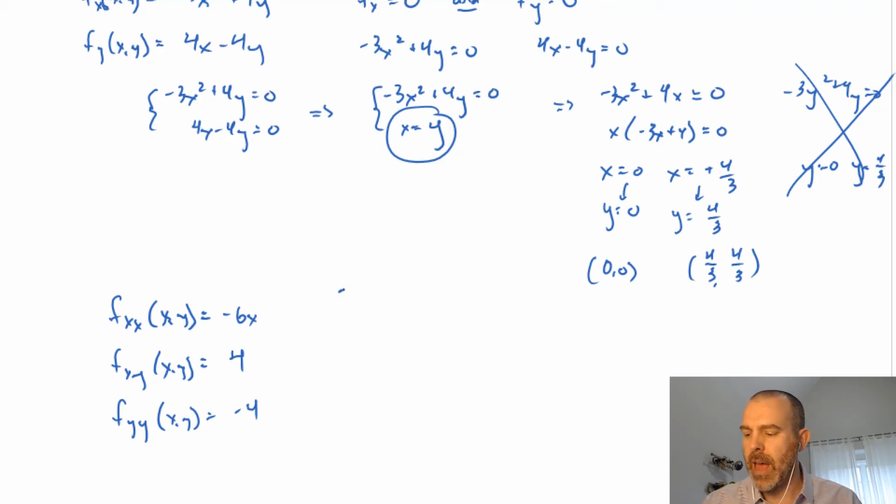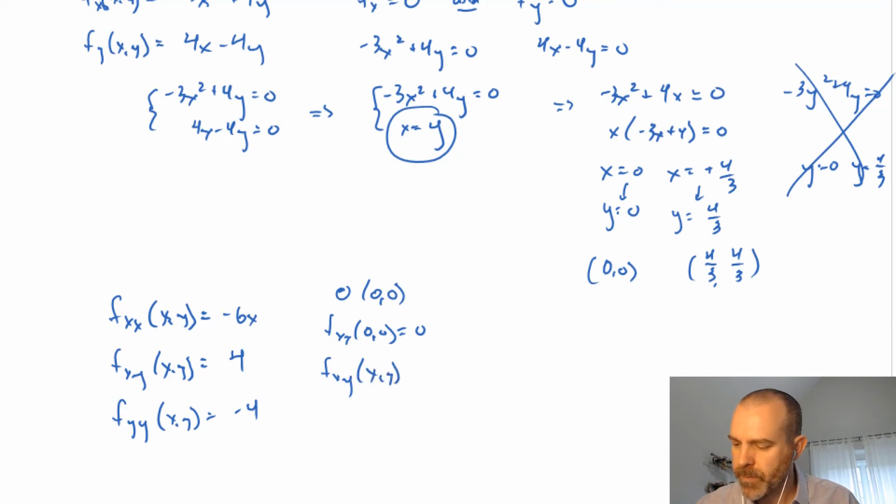So let's evaluate that at (0, 0). Now we'll have 0, 4, and negative 4.